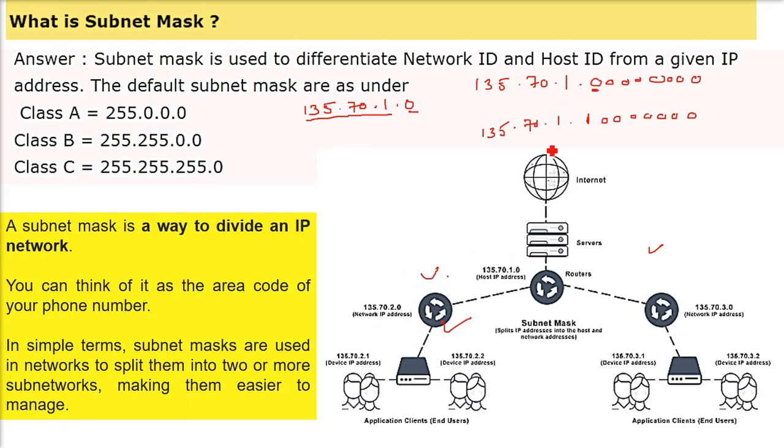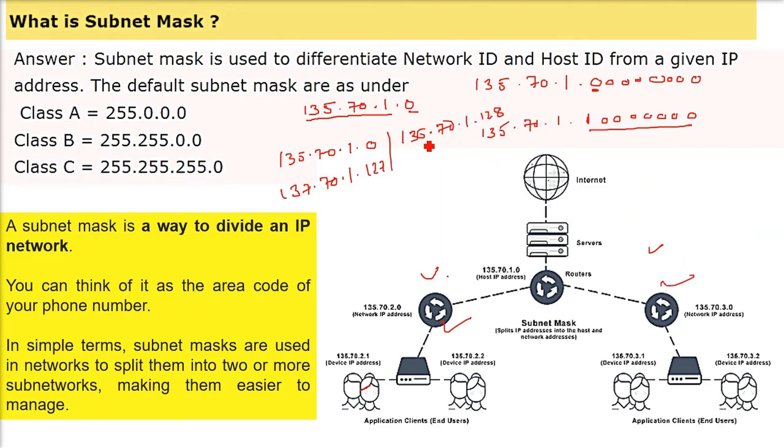So now, which IP belongs to which subnet? 135.70.1.0 is the starting IP of the admin department. If you compute this binary value in decimal, it will be 128. So the admin department IPs will start from 135.70.1.0 and end at 135.70.1.127.